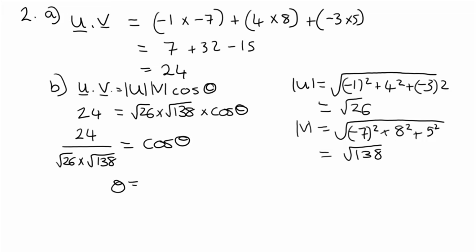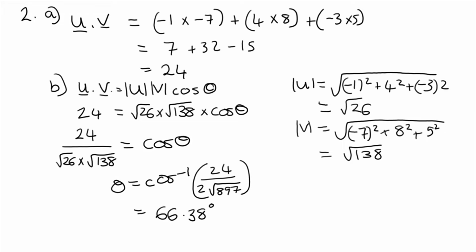And then once you've got your answer in your calculator, just do shift cos answer. When I simplified that down, it came up as this on the calculator, so I'm just going to type that in. And your answer is 66.38 degrees, so that's the angle in between u and v.